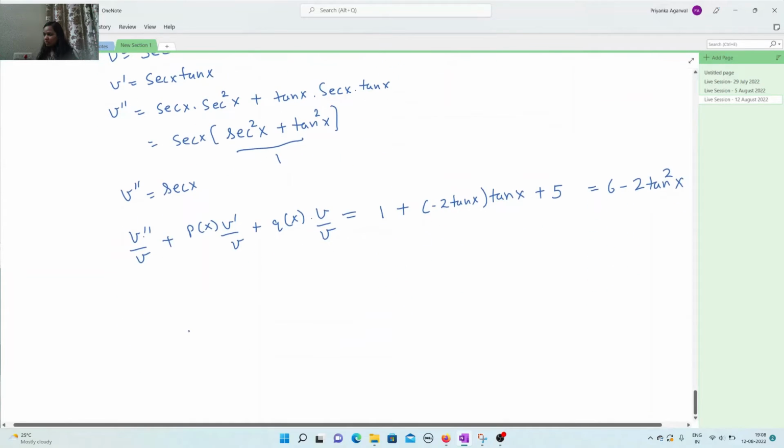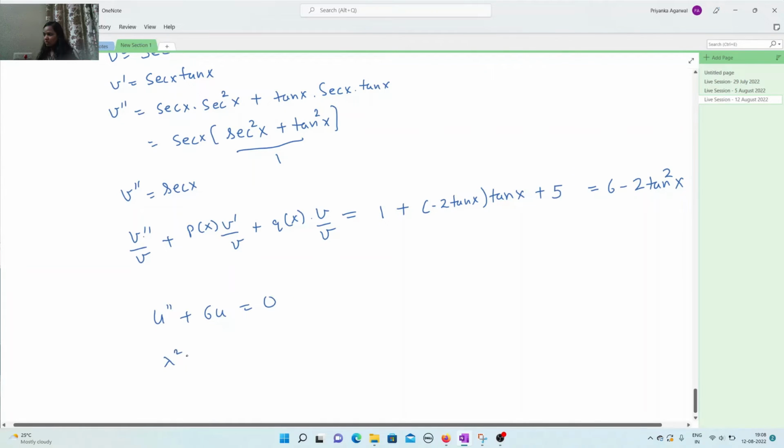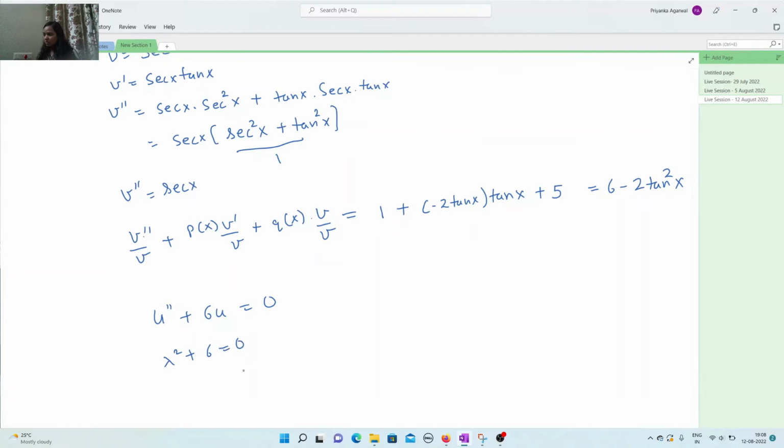Now the equation reduces to v double dash plus 6 v equals to 0, and the roots of this equation can be found from lambda square plus 6 equals to 0.